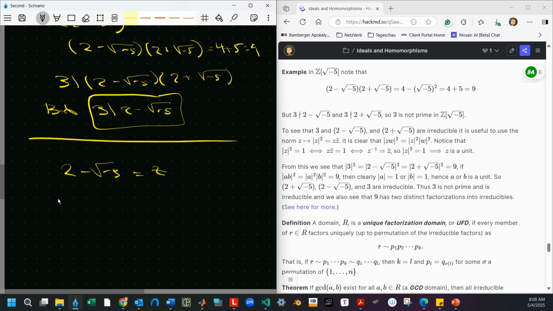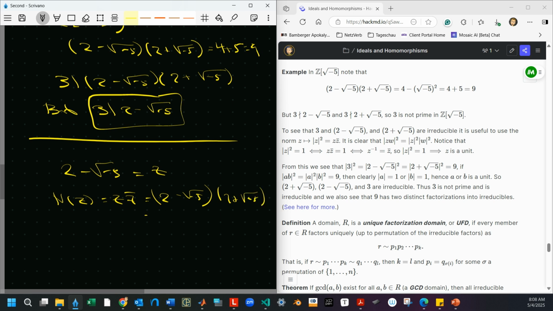We're going to use this arithmetic norm, which is just like what we do with complex numbers. So it's really just z bar again. Here z bar is where this is the square root of something that we're interested in. So we're going to change plus to minus and minus to plus, right? So in this case, this would be 2 minus square root of minus 5 times 2 plus square root of minus 5.